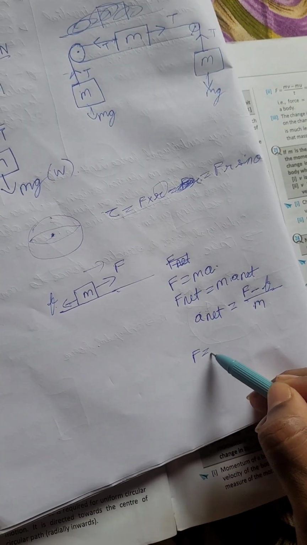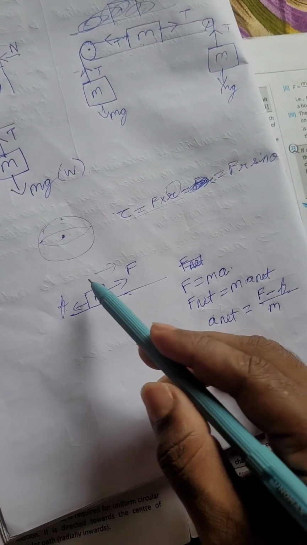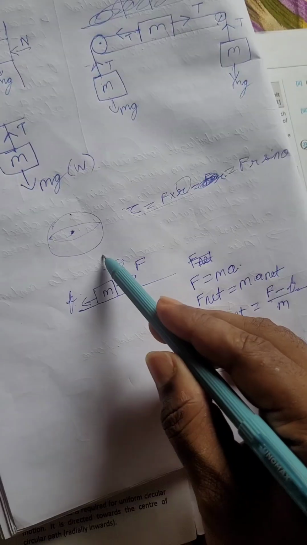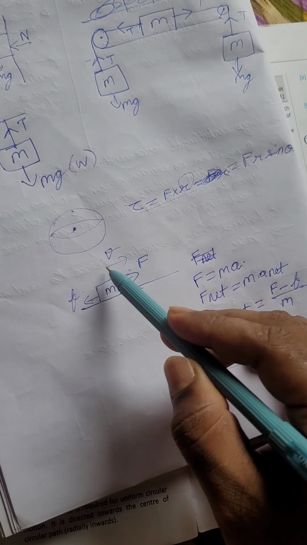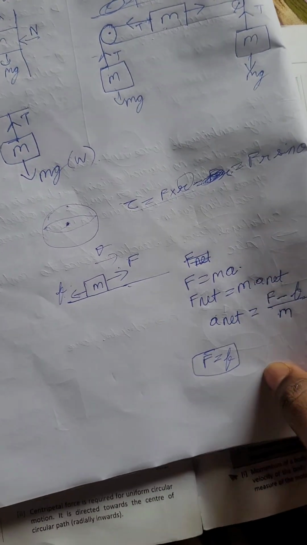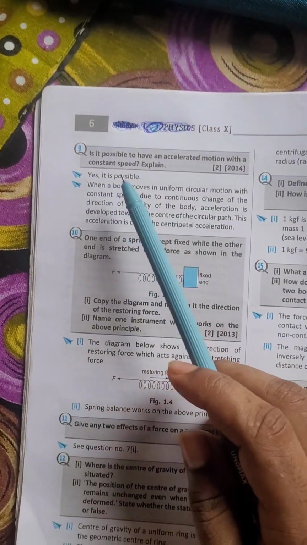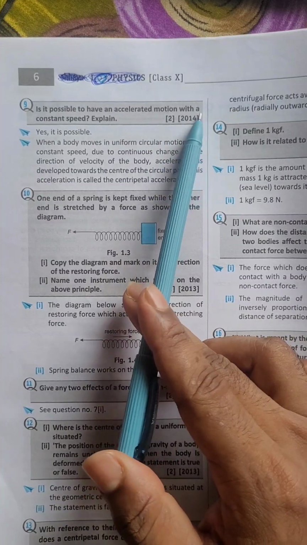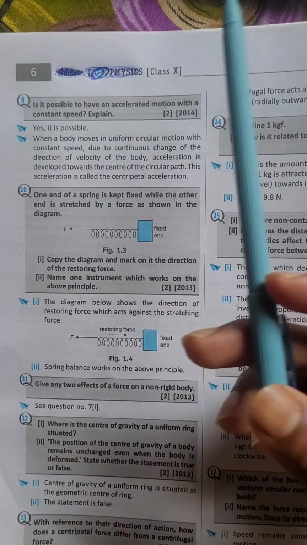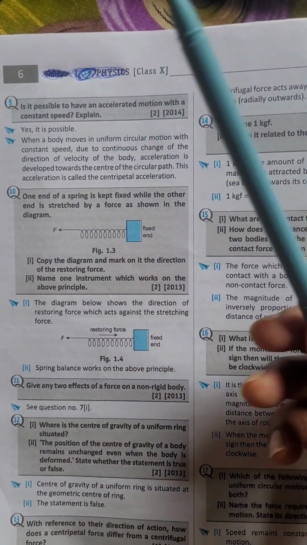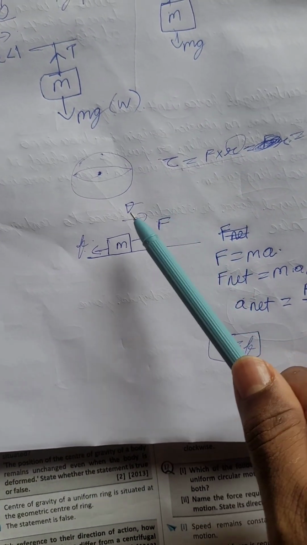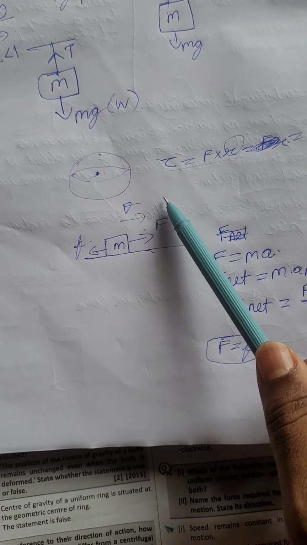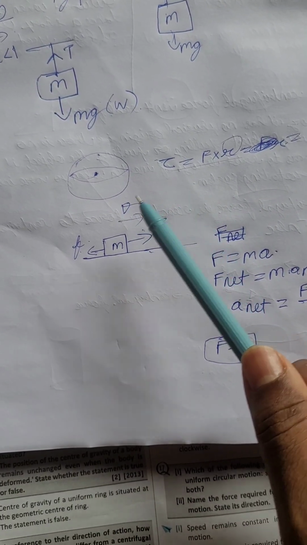If F becomes equal to friction, then it will move in this direction with a constant velocity. So here it is said that it is possible to have motion with constant speed. The body is moving in the same path, the speed is constant, and the velocity direction is not changing. That means velocity and speed are the same in this case.